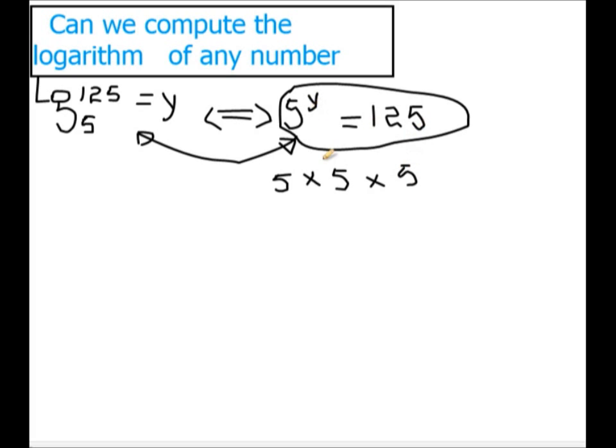So 5 to the power of 3 gives us 125. That's why the answer is 3. So log base 5 of 125 equals 3. We find our answer: y equals 3.